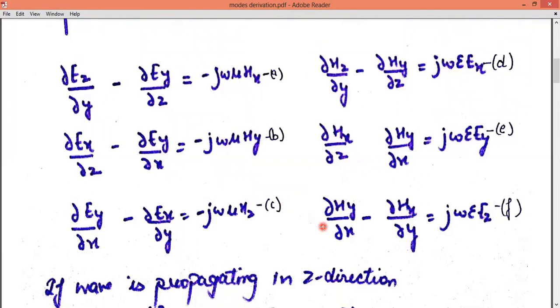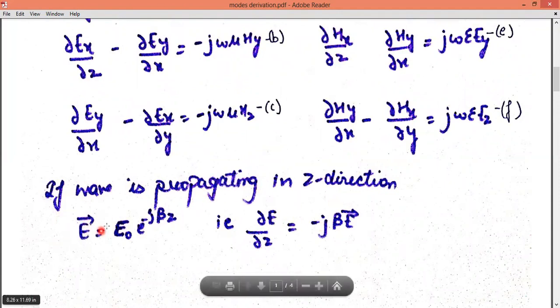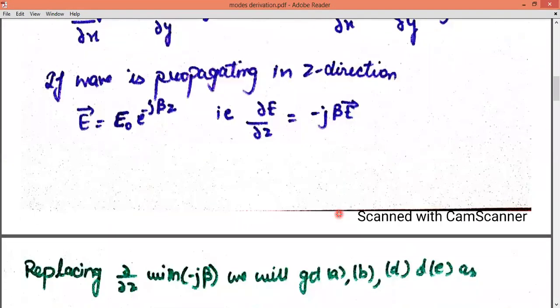Okay, understood. Also, if a wave is propagating in the z direction, then the electric field we have to write as E naught e raised to minus j beta z. After taking the partial derivative, we can get this equation. So whenever we have del upon del z in our equation, there will be minus j beta.